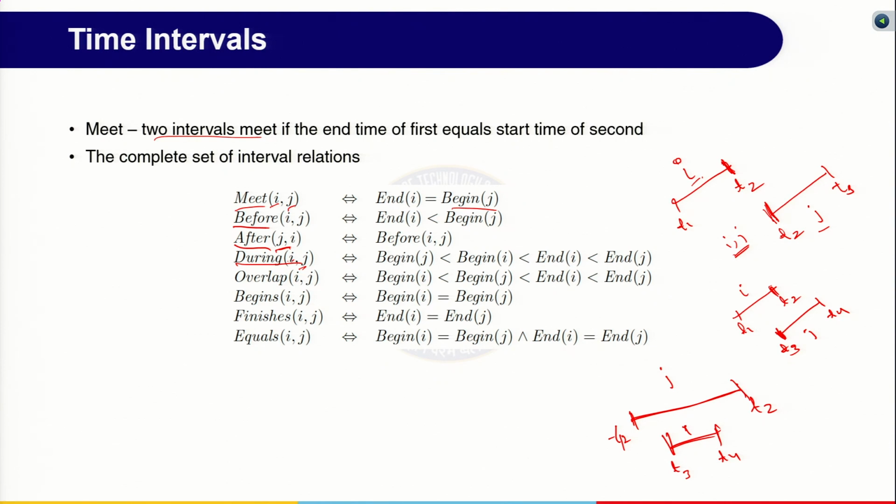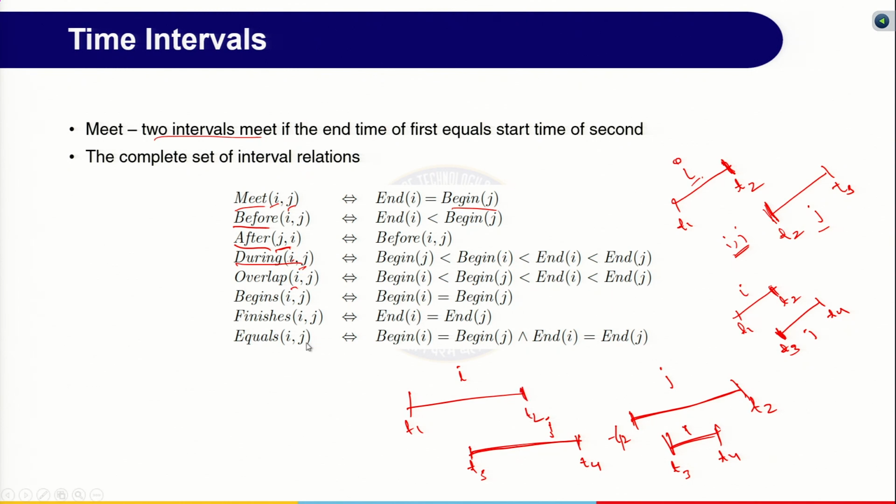Whereas overlap says that i and j have the relation as follows, where i has an interval of t1 to t2, and j starts before i ends. This overlap relation guarantees that the end time of j is after the end time of i.